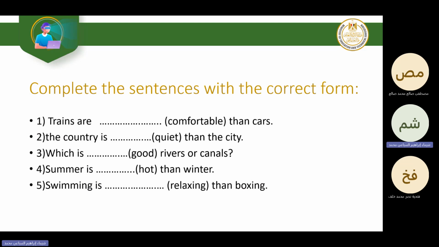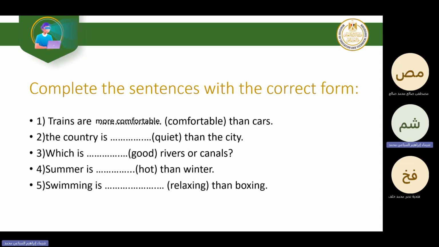And we have a long adjective. We have comfortable. Can we say here comfortabler? Add R or ER? Of course not. It's a long adjective. So we are going to, yes, more comfortable. So trains are more comfortable than cars.